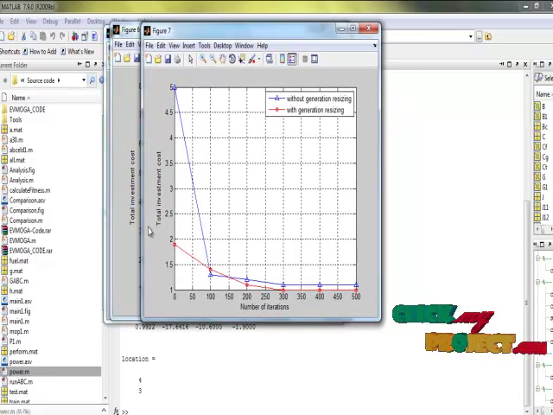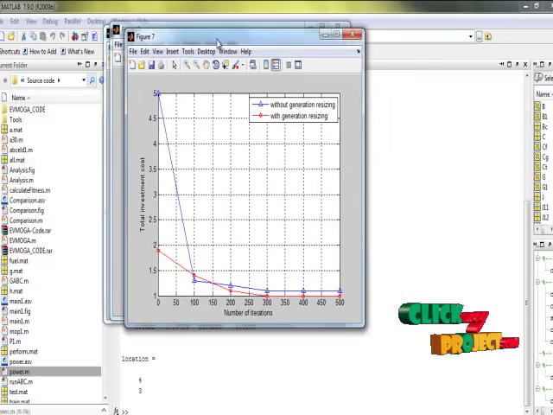We get two graphs. In this, the second one has different values. We are calculating for the same process like the difference between the number of iterations and total investment cost. The blue color line is without generation resizing and the red color line is with generation resizing.